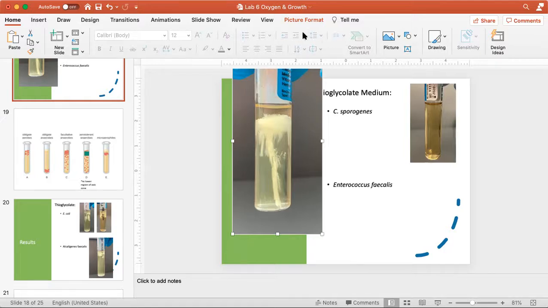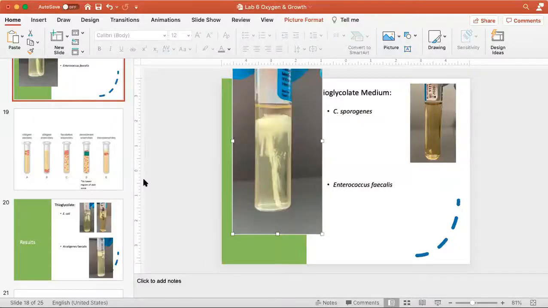Enterococcus. What do you think for Enterococcus? It's not growing all the way through the oxic zone, is it? It's only growing in the lower part of the oxic zone. It's growing best there, though. We also have growth through the rest of the tube, but to a lesser extent.